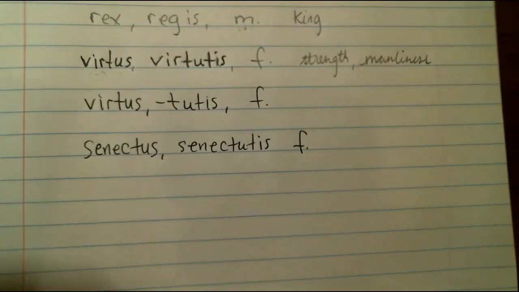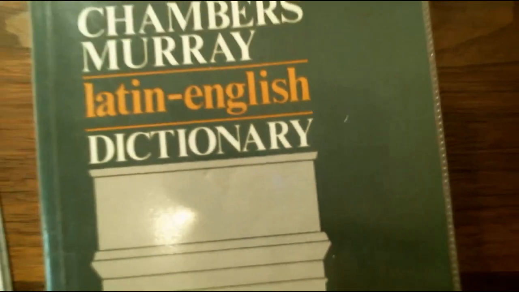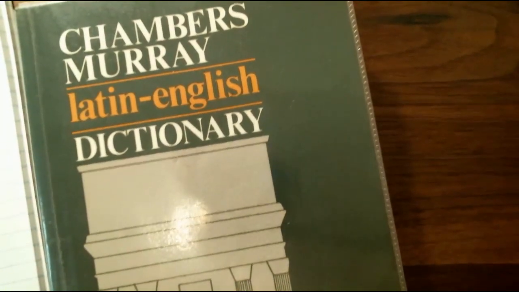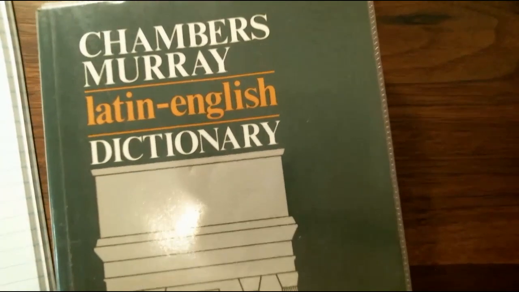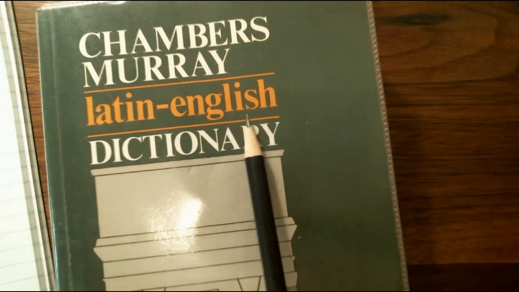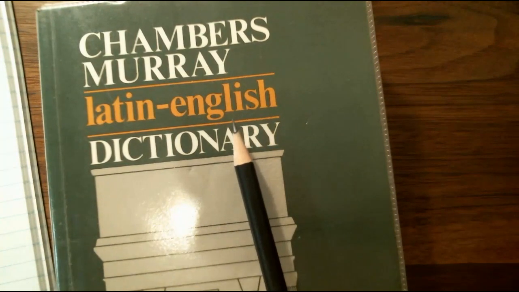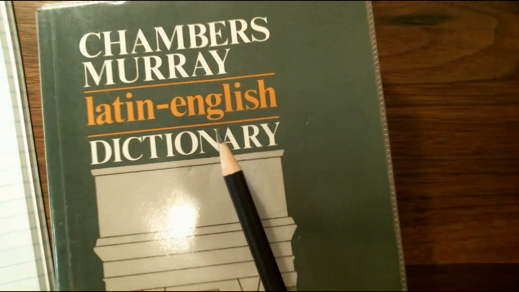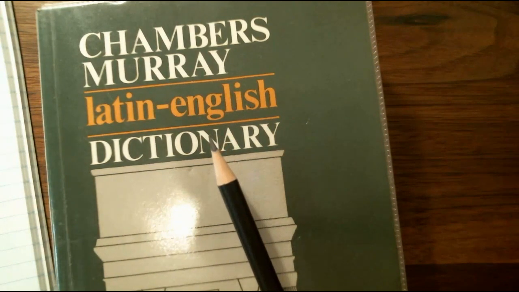Now, I think I've mentioned this dictionary on my Instagram. So this is an excellent dictionary by Chambers Murray. It only has Latin to English, which I prefer. Having an English to Latin dictionary, which you have in the back of Wheelock, is handy sometimes when composing.